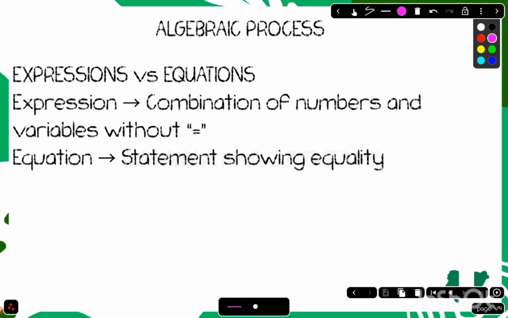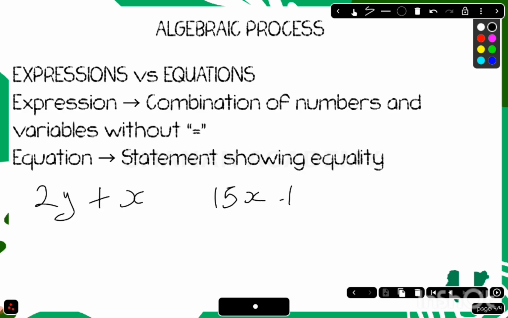Algebra expression is a combination of numbers and variable without equal to. Examples are 2y plus x. This is an expression. It can only be simplified. It cannot be solved.